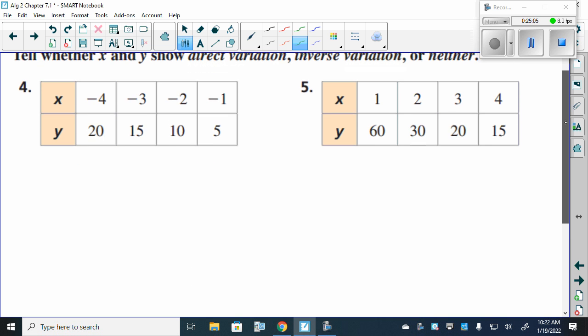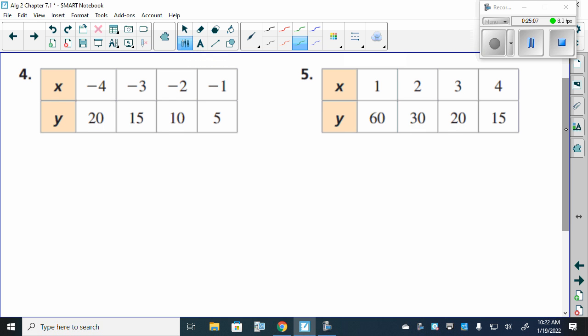Let's look at 4 and 5. So we can do 20 divided by -4 first. Y divided by X. And so it'd be -5, yes? 15 divided by -3. -5.